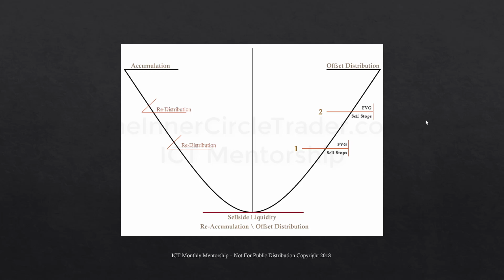Everything you see here, as you see it, draw it out. And then do it for each time frame, like I did with the previous slides, where I showed the weekly. Then I showed you each area in here would be relative to a daily and 4 hour. Then on a daily chart, I showed that it would be a 4 hour and 60-minute chart, and so on.